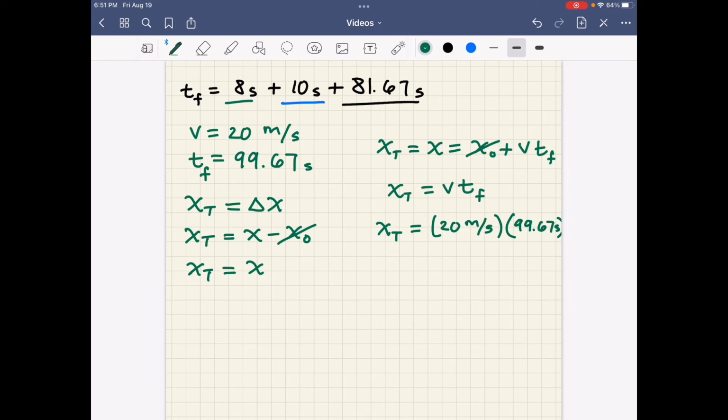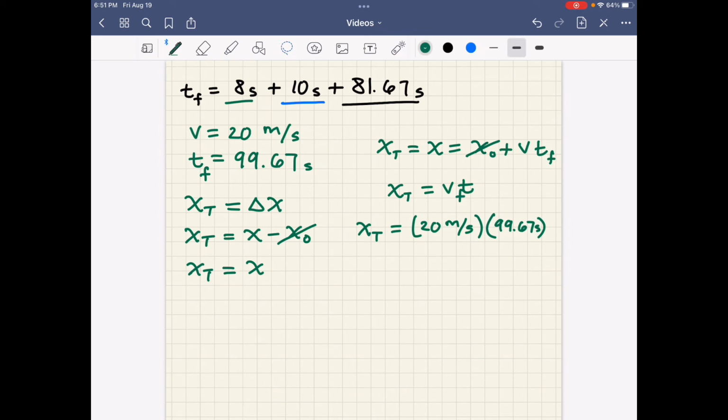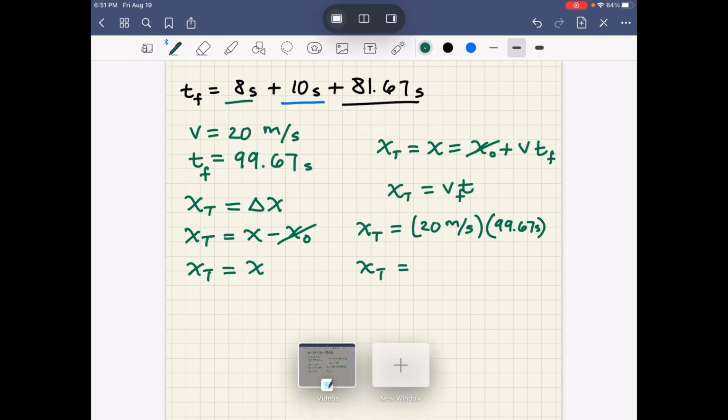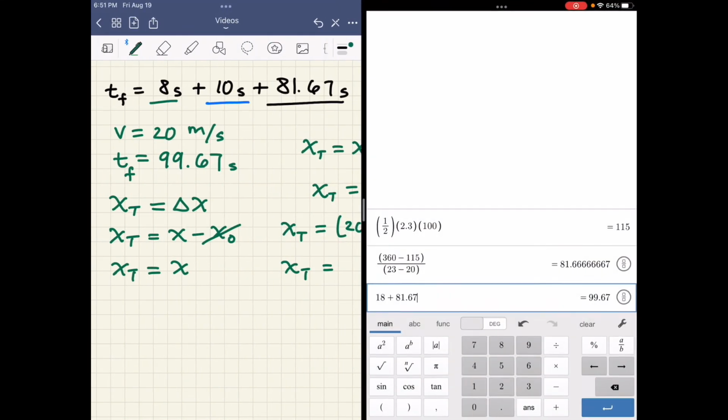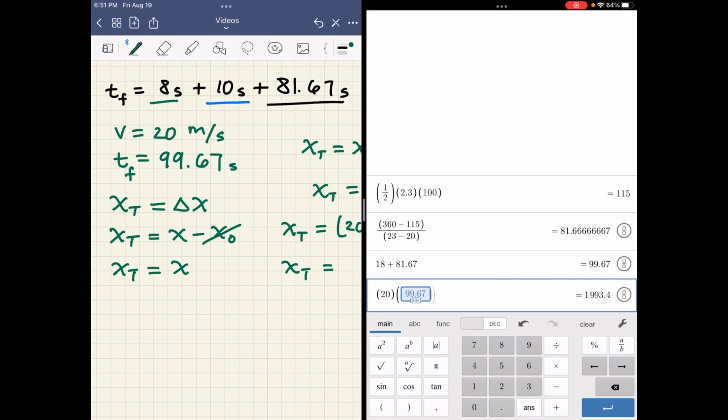And xt is equal to, let's get decimals going, 20 meters per second times my answer, because my answer is the time. 1,993.4 meters. There you go. That's the distance. So he'll travel almost 2 kilometers. That's about 1.5 miles more or less till he gets caught.